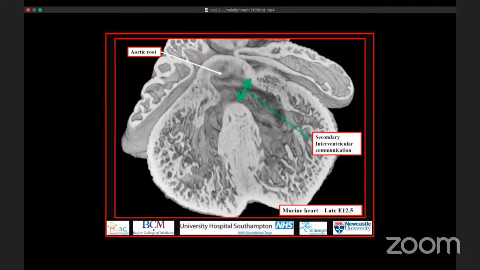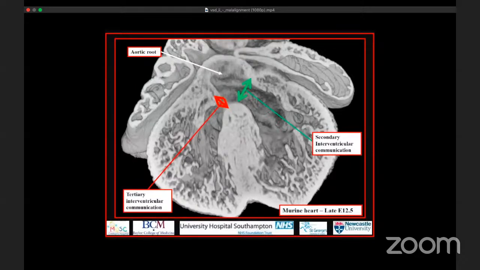Because there is the secondary foramen. And as you see, it is becoming aligned so that it will become the outflow tract for the morphologically left ventricle. But you'll see that there is a remaining communication between the aortic root and the right ventricle, and that is the tertiary interventricular communication.